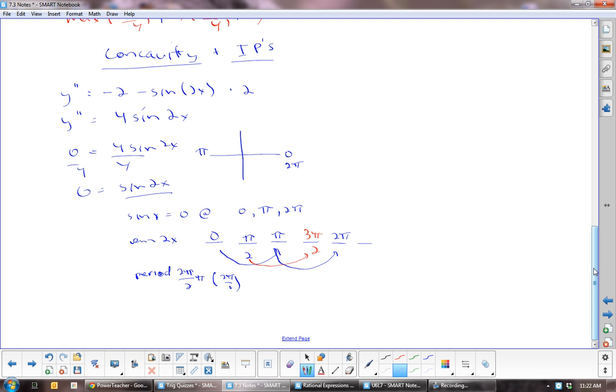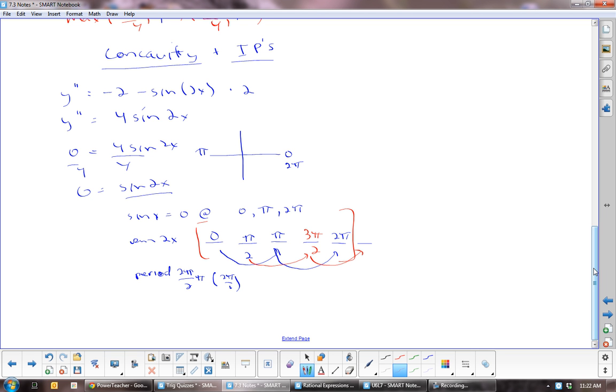Well, this is really what I want to look for on my line, right? Because their domain is greater than 0 and less than 2 pi. So if you really wanted to, we could do this one here, but it's out of my domain, so I wouldn't be checking it anyway, right? Those are my ends, though, that I really want to check.